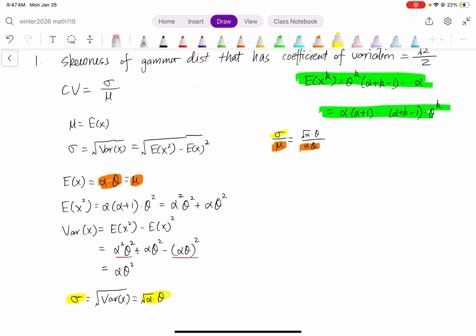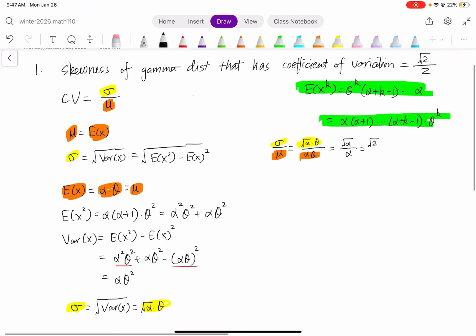That's where I plugged it in. This is the same as mu, and this is the standard deviation. Therefore, theta cancels, and you get the square root of alpha over alpha.